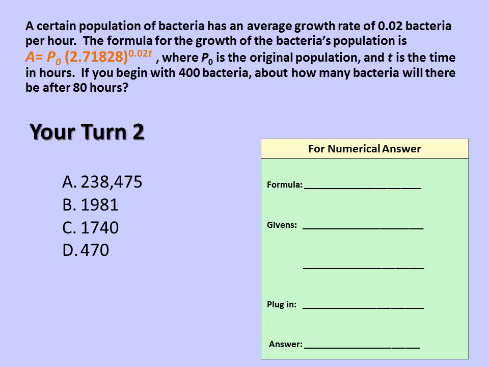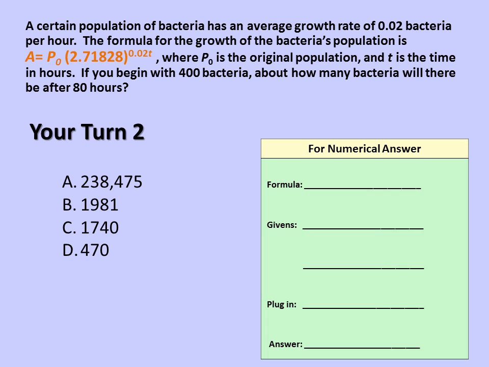A certain population of bacteria has an average growth rate of 0.02 bacteria per hour. The formula for the growth of the bacteria's population is A equals P0, open parentheses, 2.71828, close parentheses.